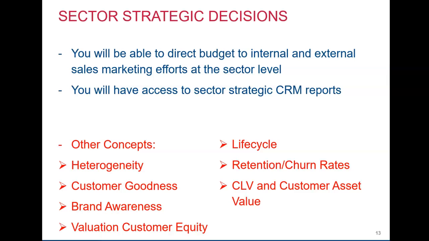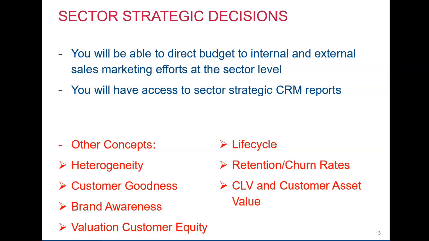The 3 sectors represented in the simulation are significantly different in almost every way. During the final debrief, I'm going to be asking you about your CRM reports. Next week in class, when we debrief about your first decisions, I'm going to ask what data are you finding powerful?